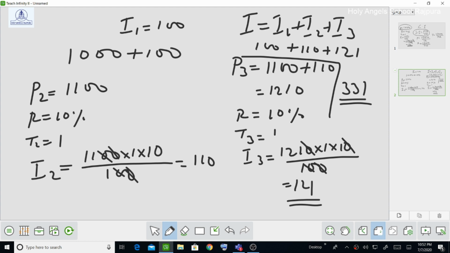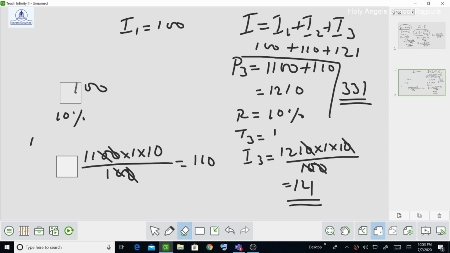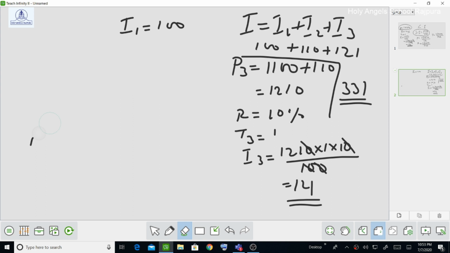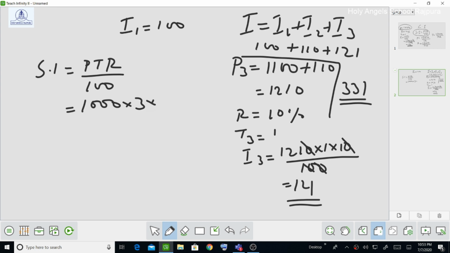Whereas if you calculate directly the simple interest on 1000 rupees for 3 years, simple interest is PTR upon 100, formula is same, that is equal to 1000 is our principal, time 3 years, rate 10 percentage upon 100, zeros cancel, is equal to 30 into 10, 300.